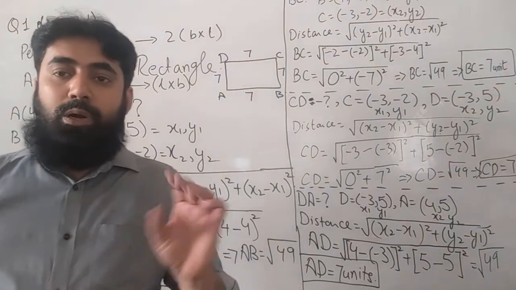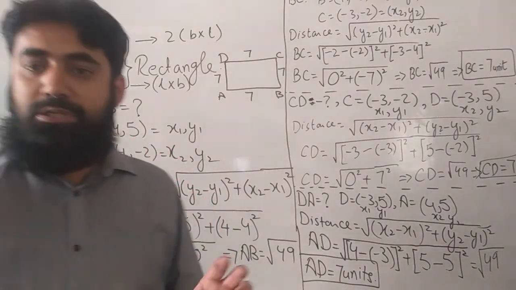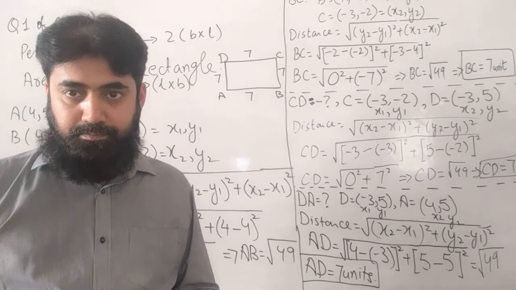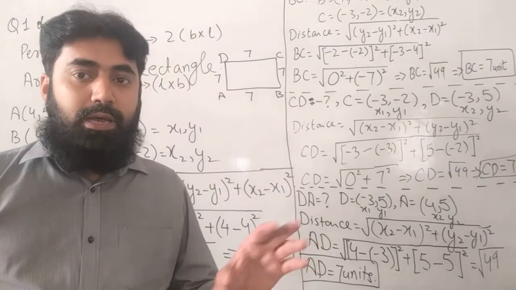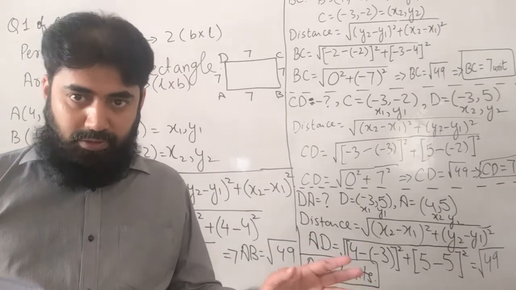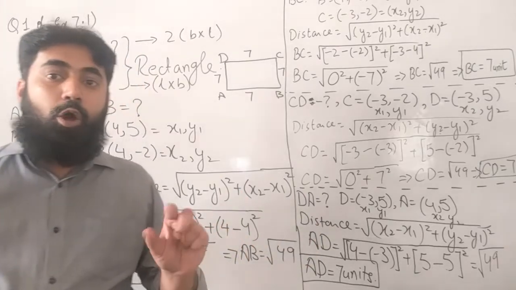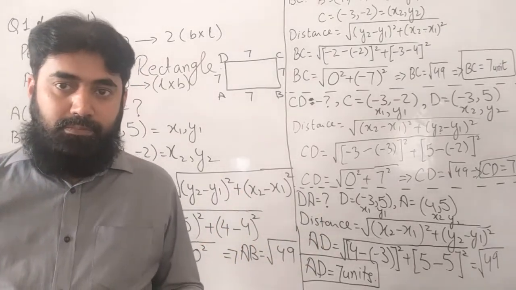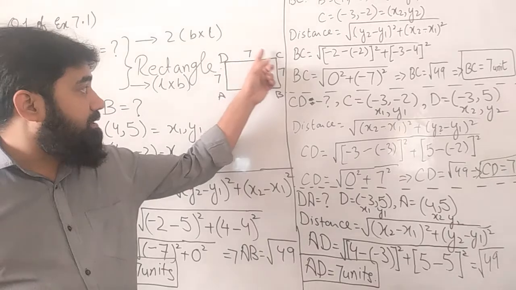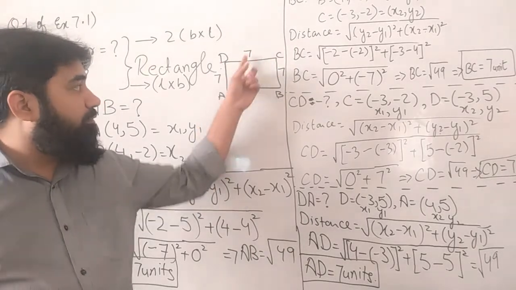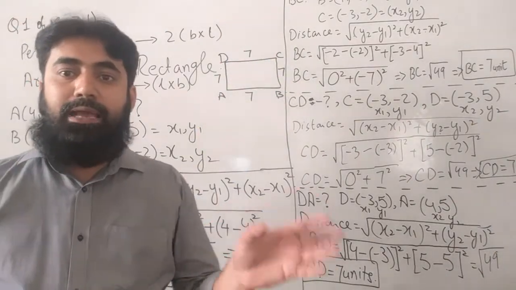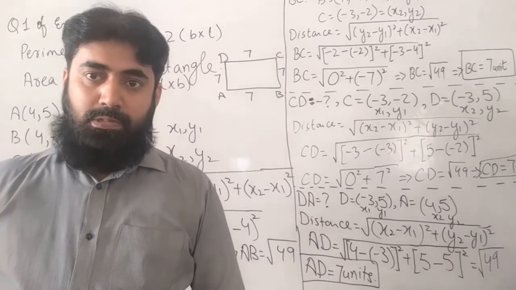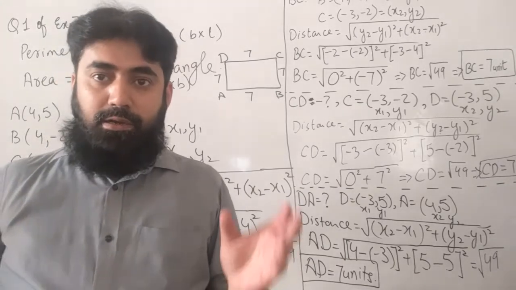Okay. Because what is the property for a square? All sides should be equal. So in a square all sides should be equal, right? In a rectangle opposite sides should be equal, right? So if a rectangle is having all 4 sides equal, a rectangle can also be called a square. Okay, right?